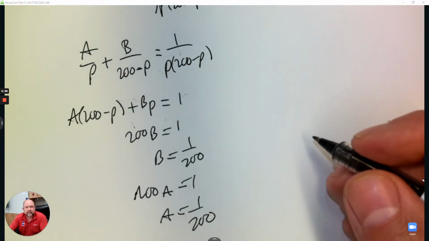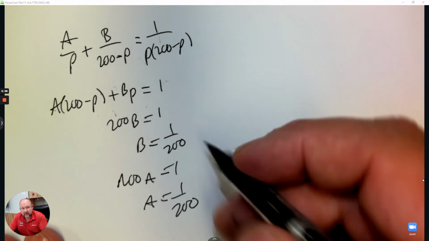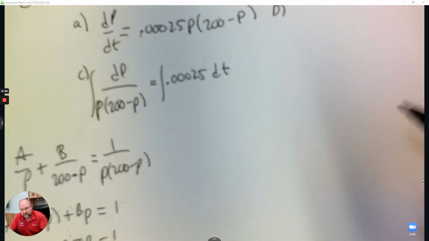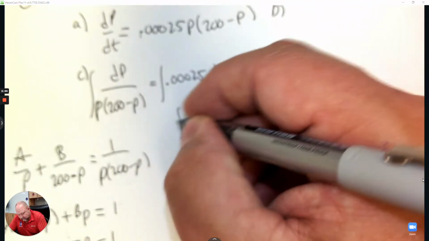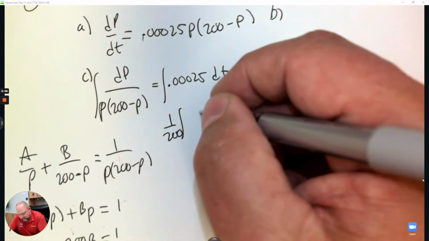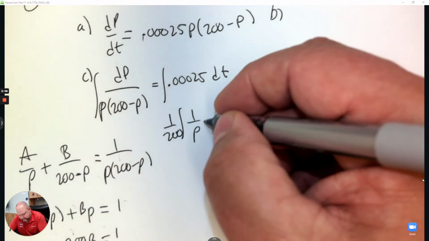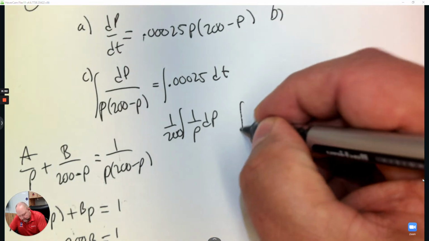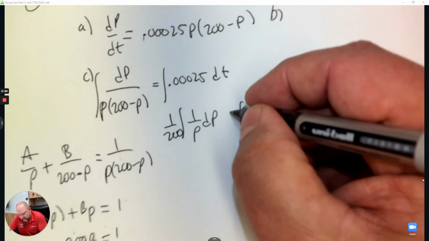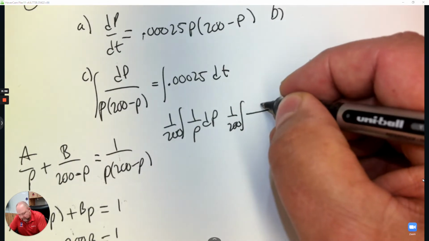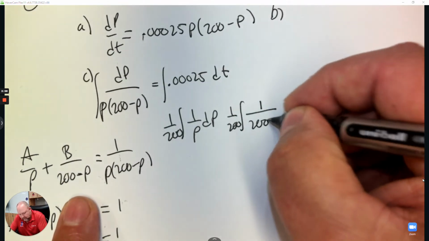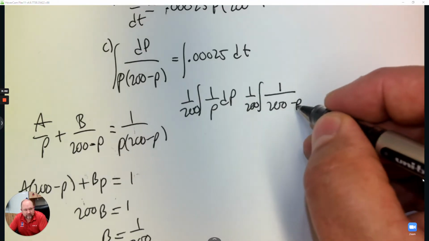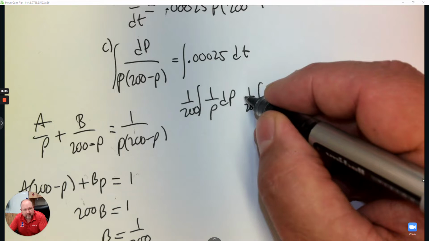All right. So I'm going to come back here and use those values, 1 over 200. So I have 1 over 200 times 1 over P, and 1 over 200 times 1 over 200 minus P for the B. The derivative of this is negative, so I need a negative in front.